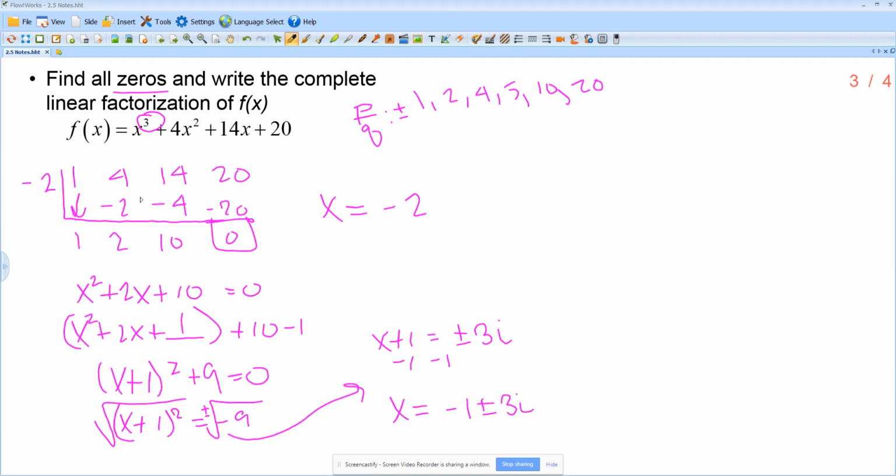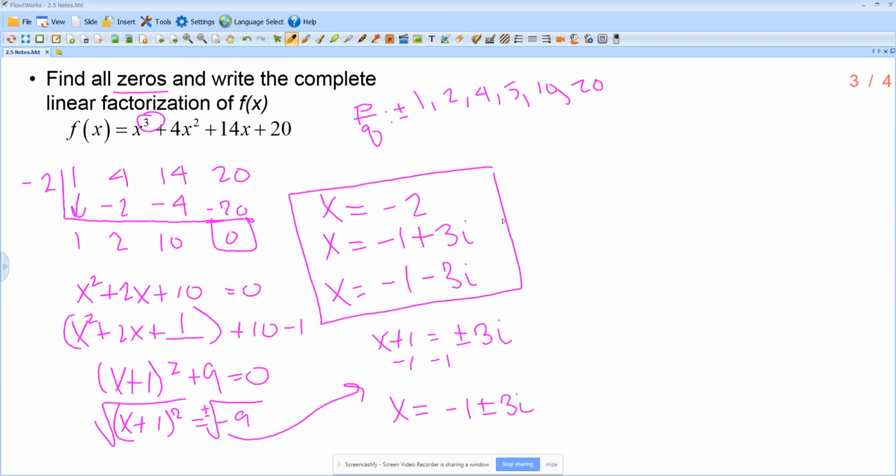So what we did there is we synthetically divided. We used our calculator to sort of guide that. Then we completed the square and solved so that we can get the other zeros. So I have x equals -1 plus 3i and x equals -1 minus 3i. These are my zeros. My linear factorization is when I say f of x is equal to x minus each of these zeros.